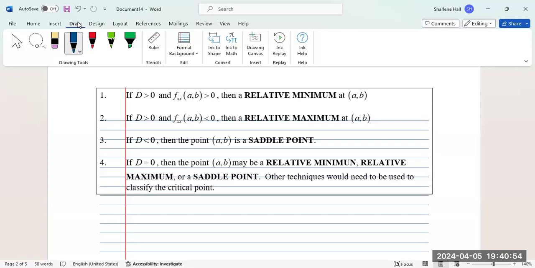Once the value of D is negative, you have a saddle point. No need to check f_xx, saddle point. If D is equal to 0, it could be a relative maximum, a relative minimum, or a saddle point, and we have to employ other techniques that we'll learn in Calculus 3 in order to do the question.